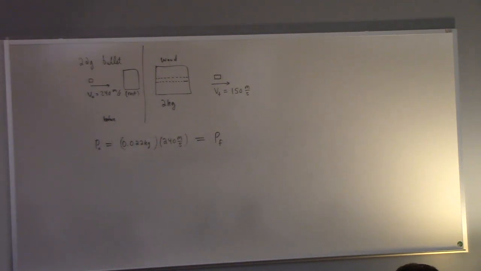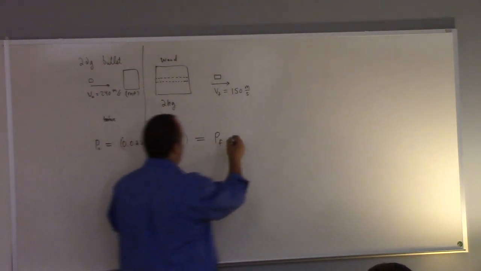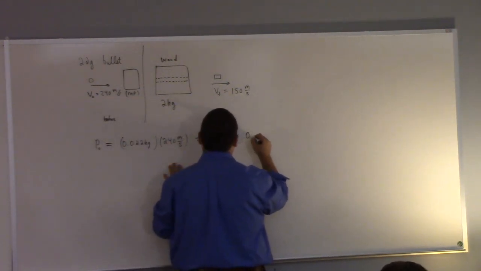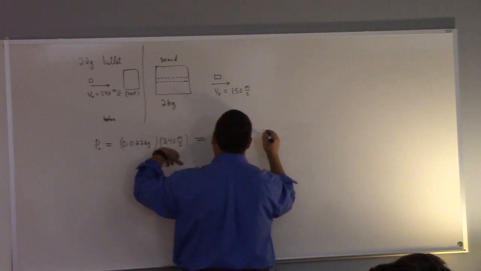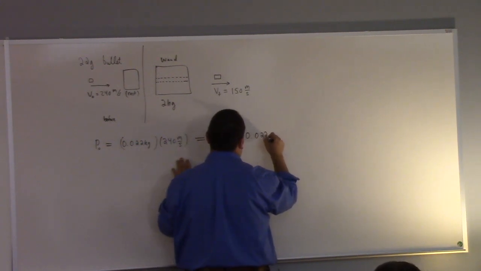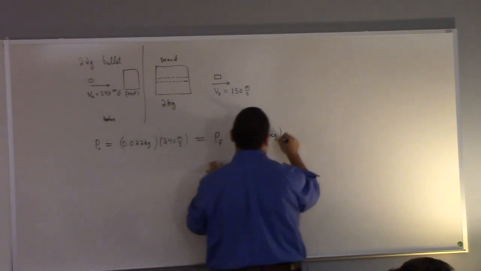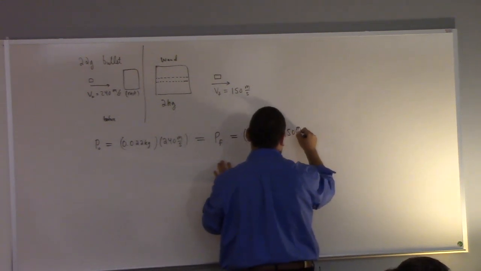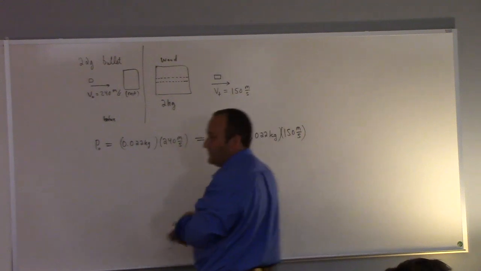One of them's easy: it's the momentum of the bullet slowed down. What's that? We're assuming the bullet doesn't come apart or anything, so it's still 0.022 kilograms times 150 meters per second. That's the momentum of the bullet after it emerges from the wood.